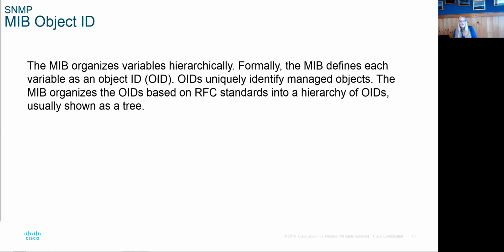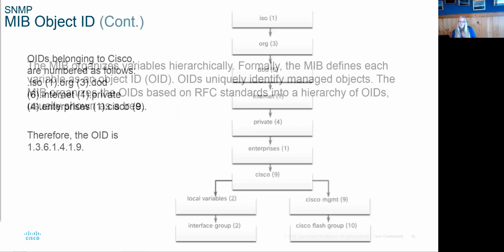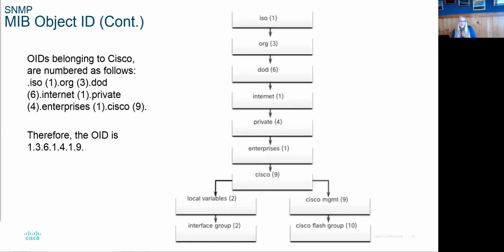In addition, networking equipment vendors like Cisco can define their own private branches of the tree to accommodate new variables specific to their devices. And so here we have, this is showing portions of the MIB structure defined by Cisco. Note how the object ID can be described in words or numbers to help locate a particular variable in the tree.